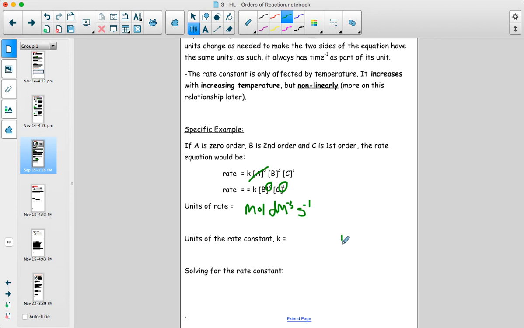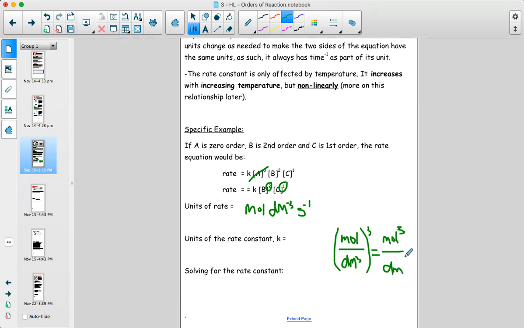So really, I've got moles per dm cubed, and I've got that cubed, because I have to the 2nd and to the 1st. That means that's equal to moles cubed and dm to the 9th power on the bottom, or dm to the -9.